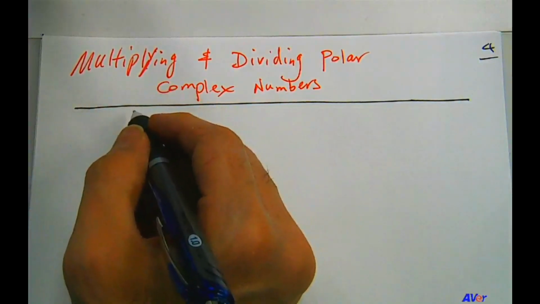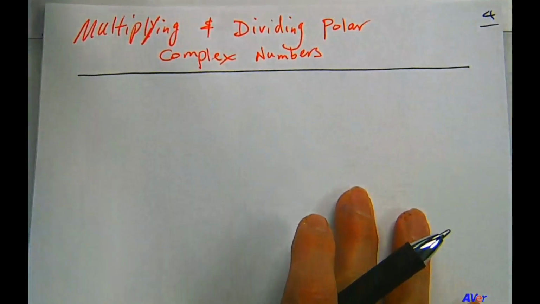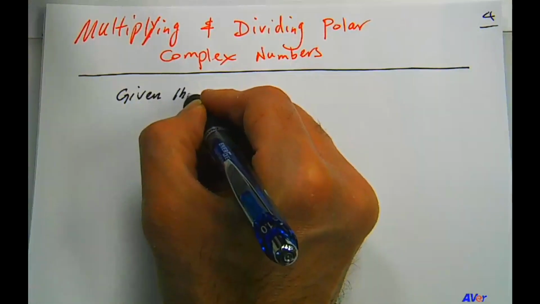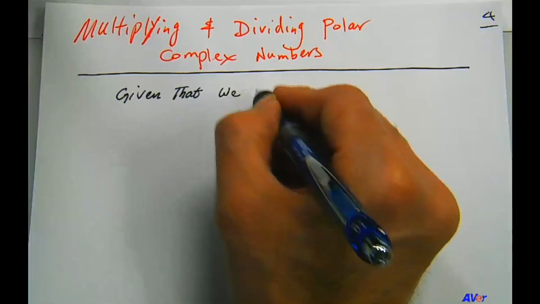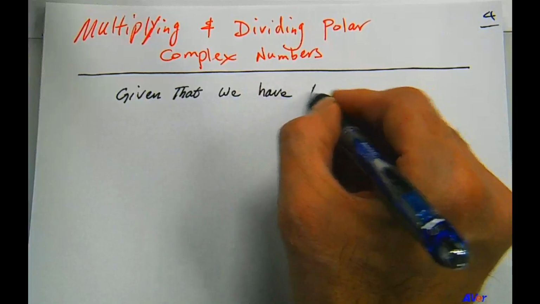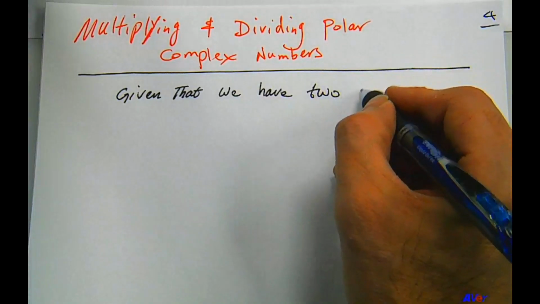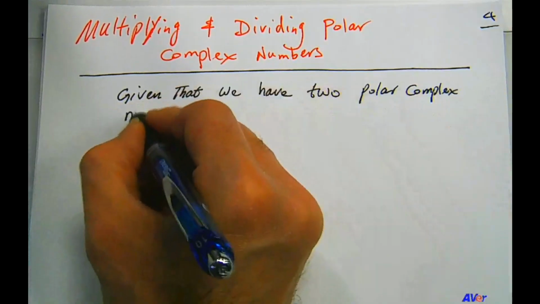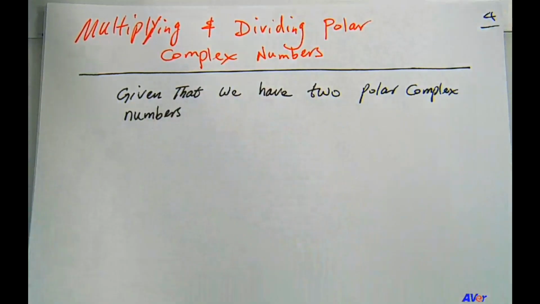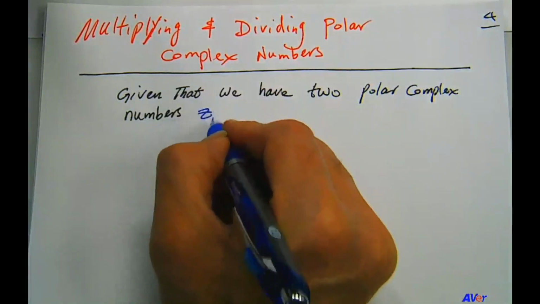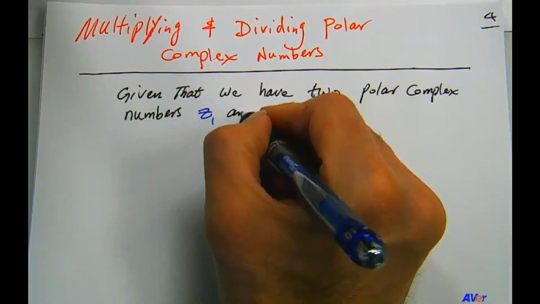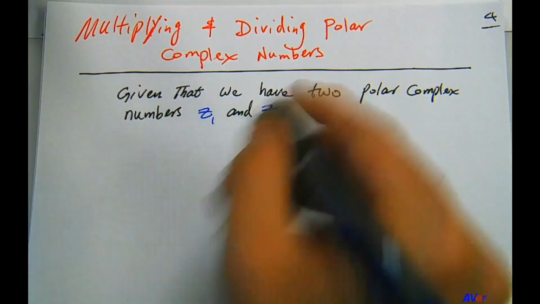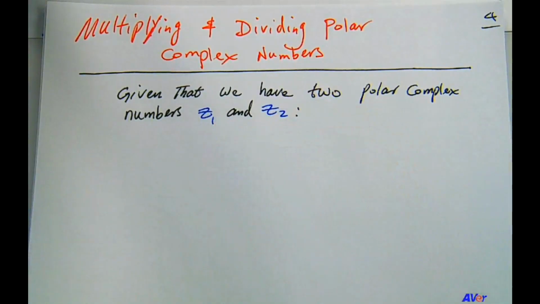Okay, so let's jump right into the formulas. Given that we have two polar complex numbers, Z1 and Z2, and here they are.